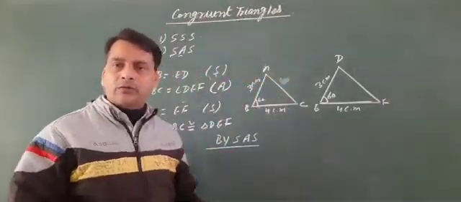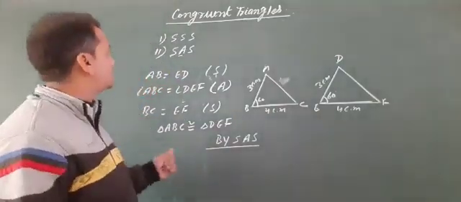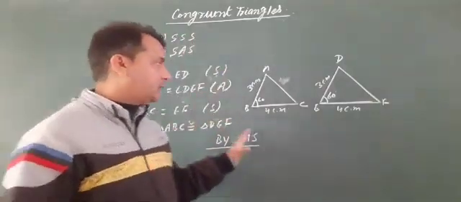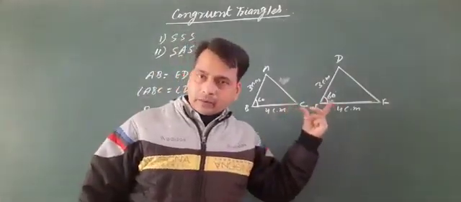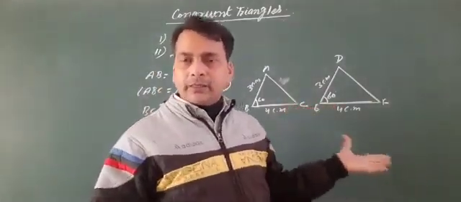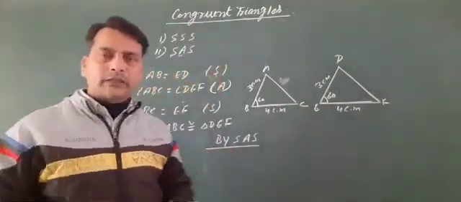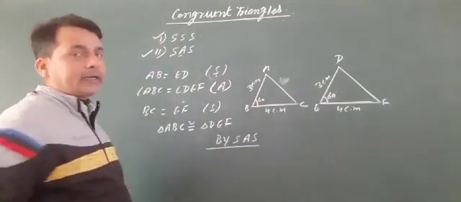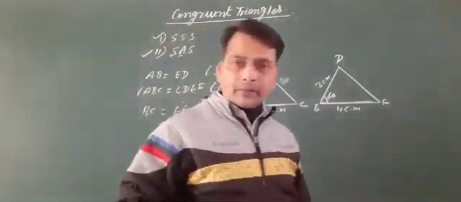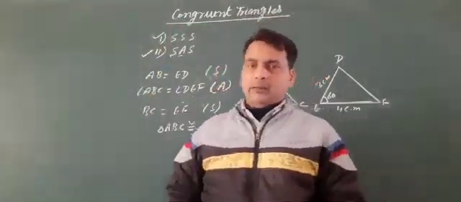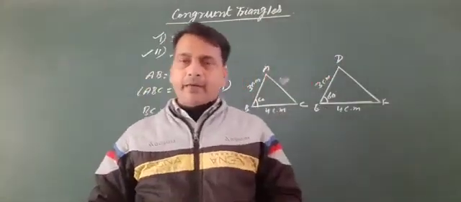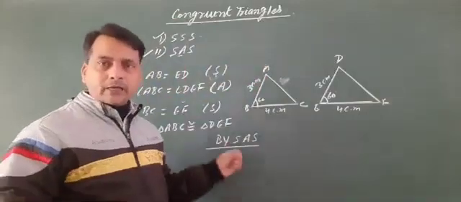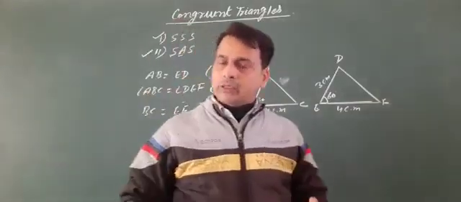The first congruency rule, that is side, means if two triangles have all their corresponding sides the same, they are congruent to each other. Now the next rule, side angle side: if two triangles have two sides the same and the angle between both sides is also the same, they are congruent to each other.